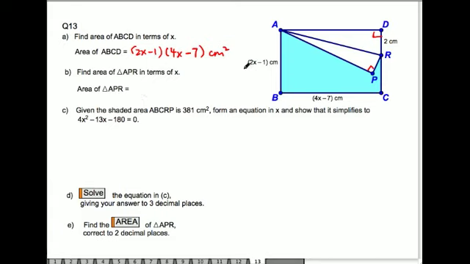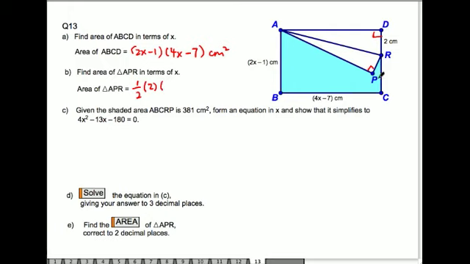Then the area of the triangle APR is just half base times height. Now what is the base? Now these two triangles are the same, so PR is just 2 cm.